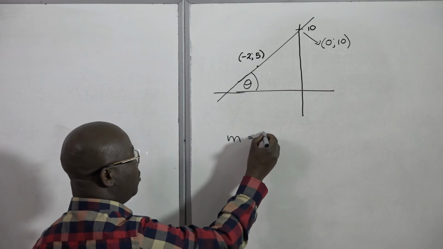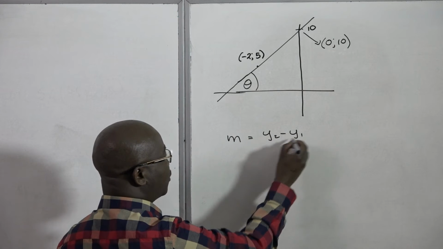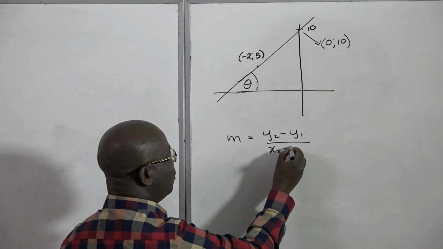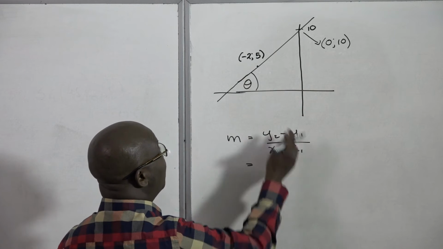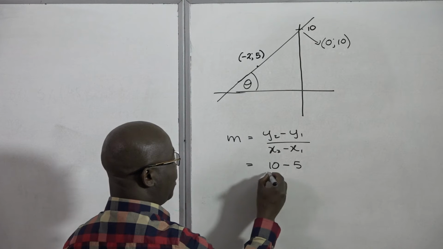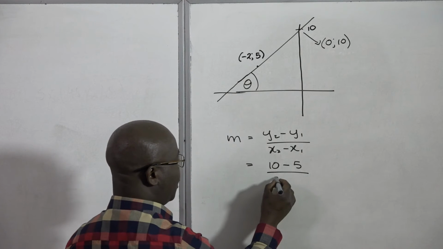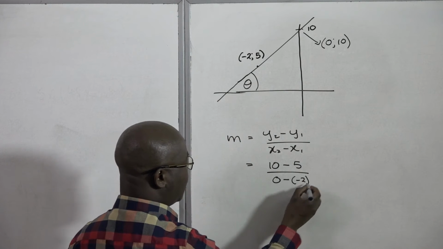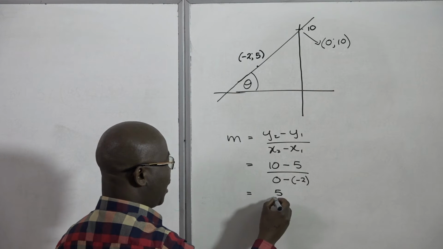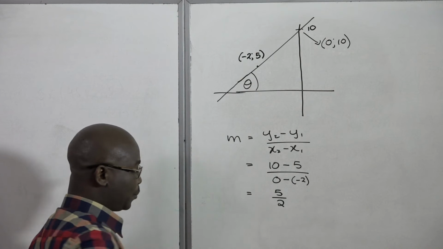Therefore, what is our gradient, m? It will be y2 minus y1 over x2 minus x1. Our y2 is 10 minus our y1, which is 5. Our x2 is 0 minus our x1, which is minus 2. That gives us 5 over 2.